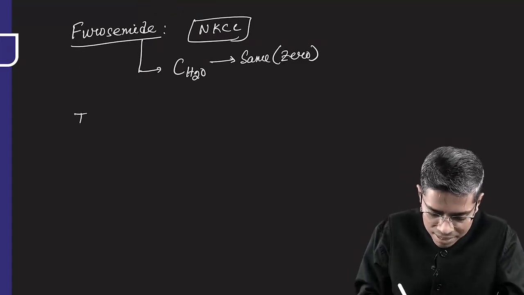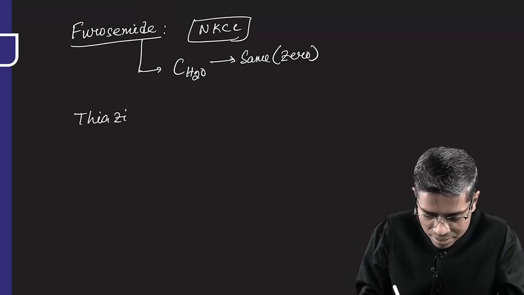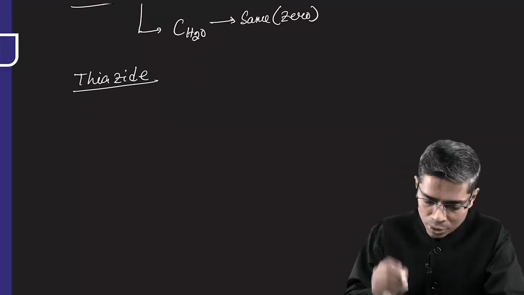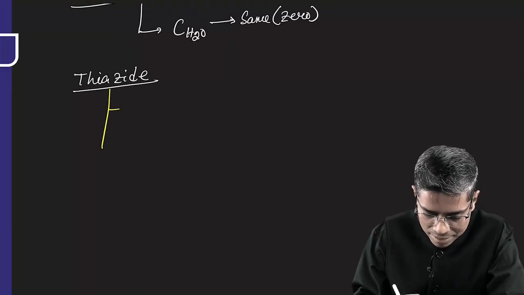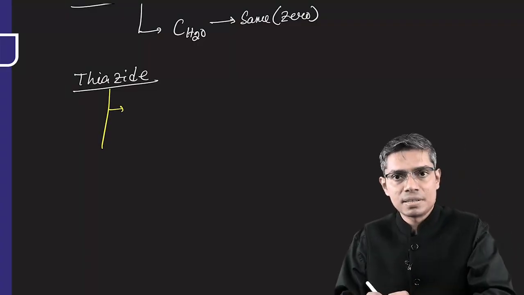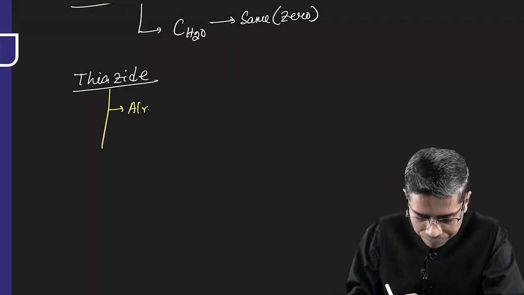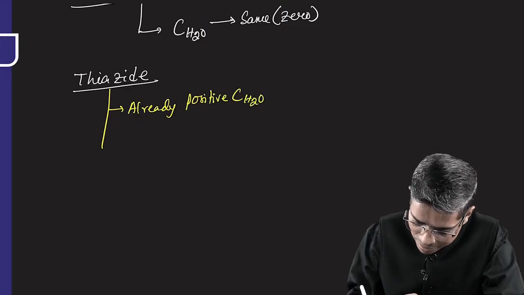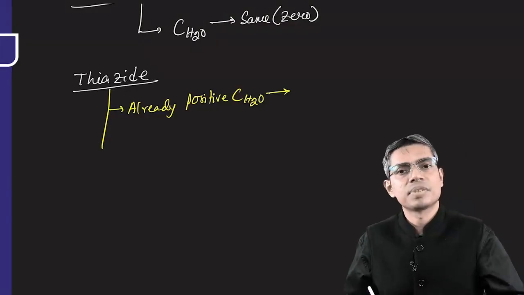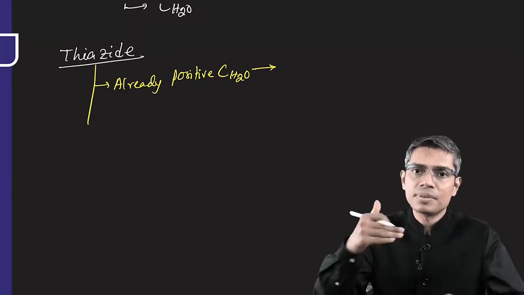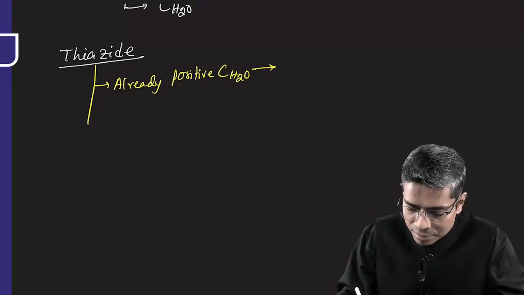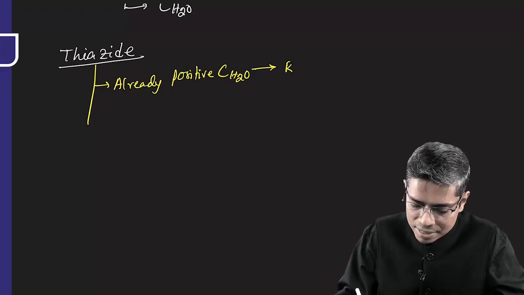In case of thiazide diuretic therapy, there are two conditions. If you are giving thiazide to a patient who already has a positive free water clearance, already excreting a huge amount of water freely in the urine, then if you give thiazide, there will be a decrease in free water clearance.